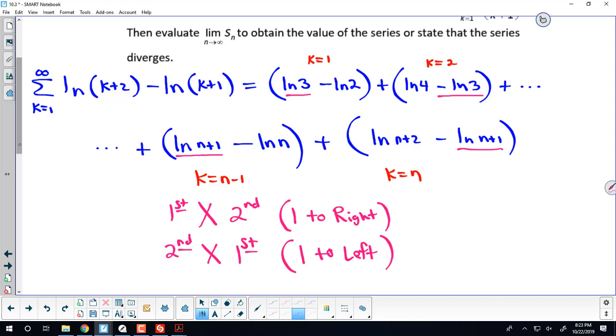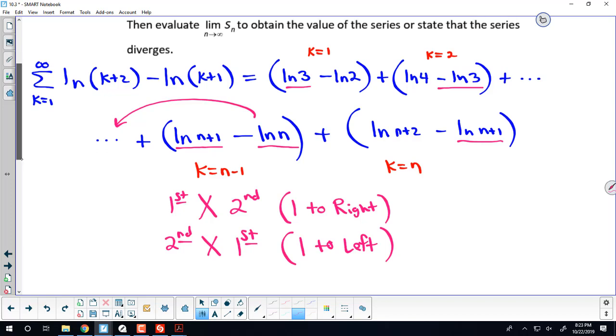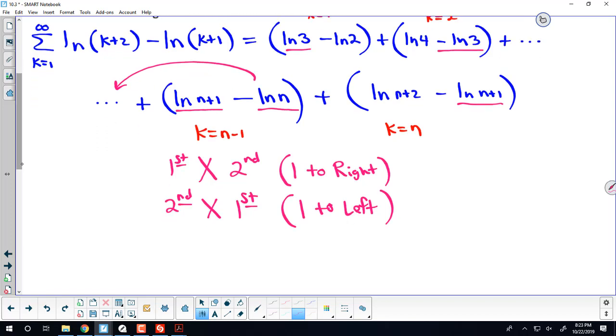Minus ln of n, does that cancel with something? Which one does it cancel with? To the left. So this will cancel with this one over here. The ln of n plus 2, does that cancel? So what we have left over in our sum is just the negative ln2 and the ln of n plus 2.